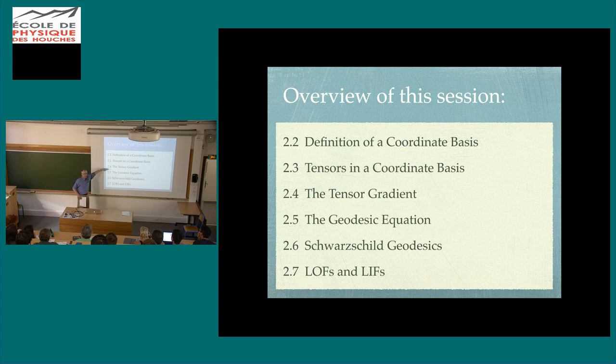We're going to talk about how to do the gradient in a tensor way. Then we'll see from that how we can get the geodesic equation. And we'll look a little bit at geodesics in Schwarzschild space-time, which we talked a little bit about last time.